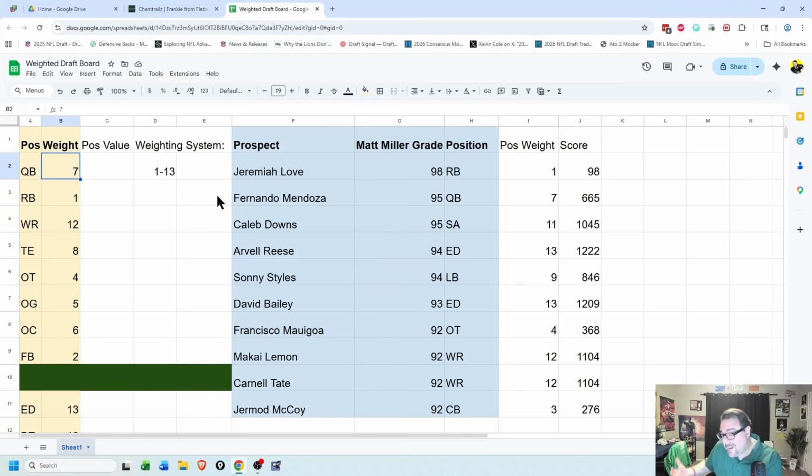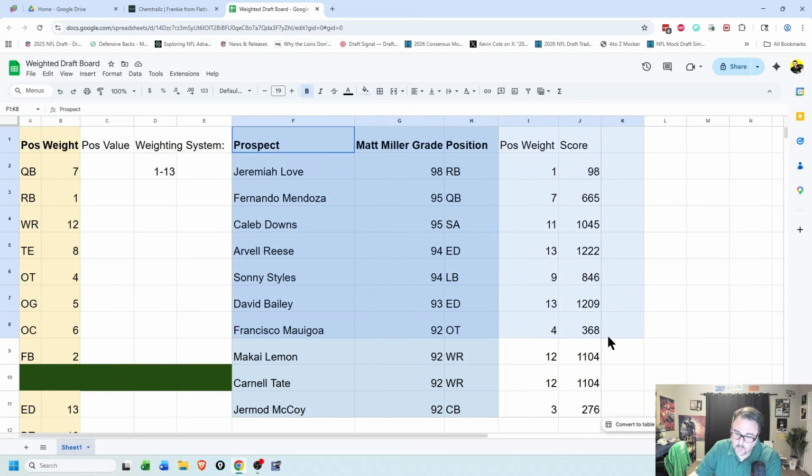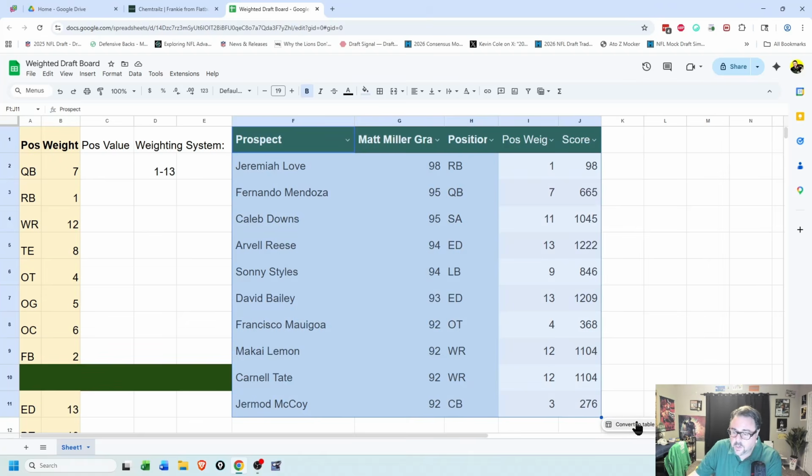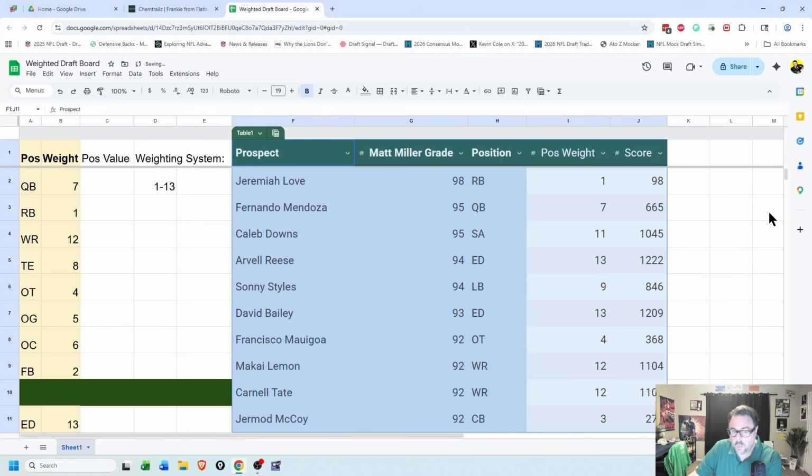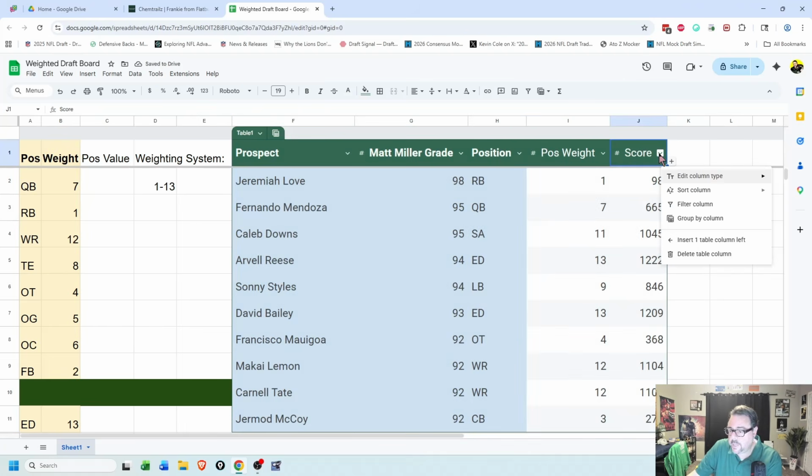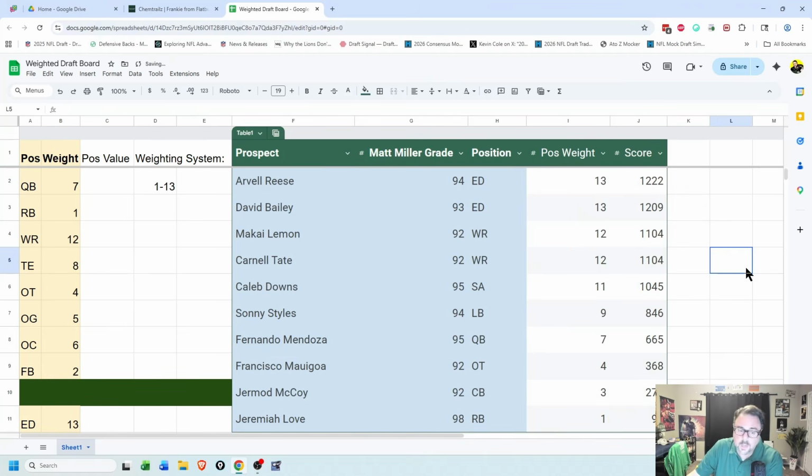With that in mind, you come back to your vertical board, convert it to a table, and sort it to see who comes out on top.